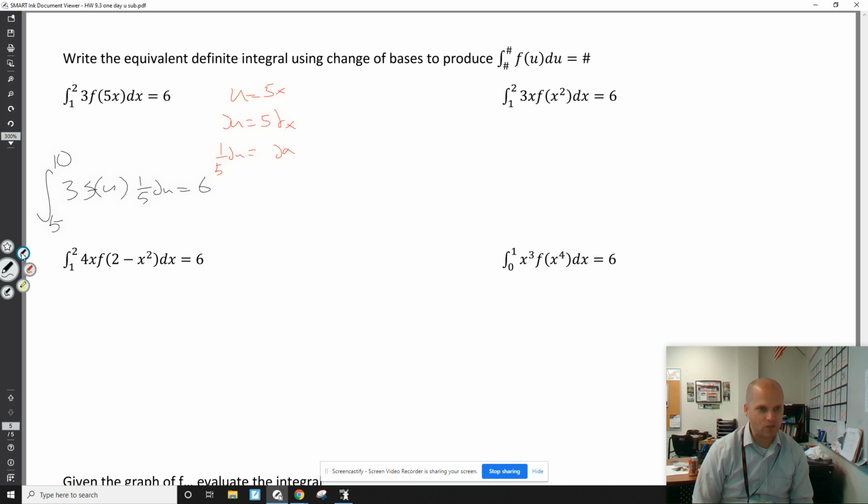So what I'm going to have to do is take this 3 and this 1/5, pull it out as 3/5, multiply both sides by 5/3 to get rid of it, giving me the integral from 5 to 10 of f of u du equals 6 divided by 3 times 5.